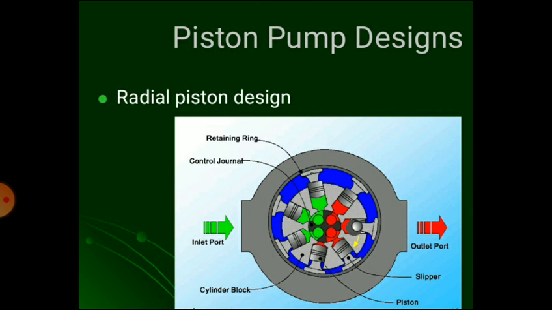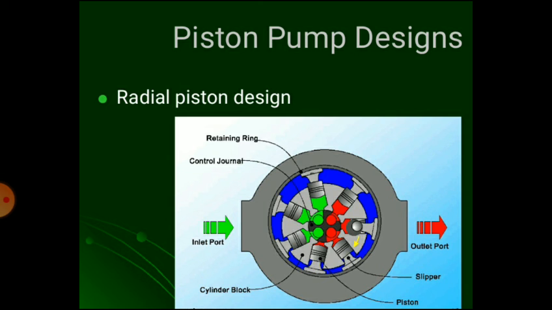Then next type of piston pump is radial piston design. So regarding construction, radial piston pump has a fixed casing having suction and delivery port in it. So you can see in a diagram, there is a retaining ring, then the inlet port, outlet port, the pistons that are arranged, there is a cylinder block.